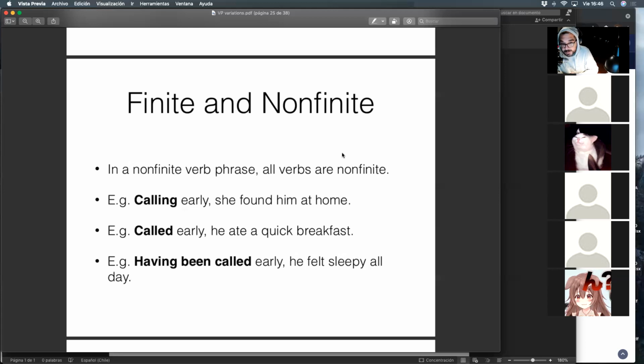The same happens with the second example, but in this case, not with the ing participle, but with the ed2 participle. The third example is the one which is more interesting because you have a complex verb phrase with two auxiliary verbs and one main verb, and none of them is finite. Why? Because they are written in ing participle, the first one, and ed2, the rest of them, the two of them.